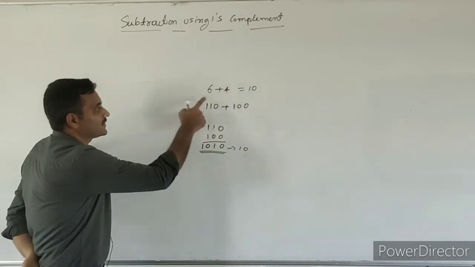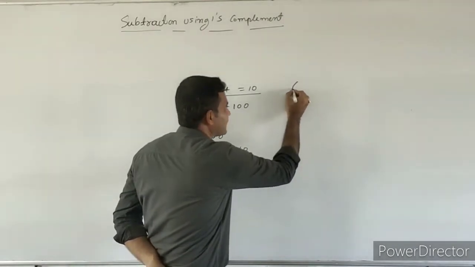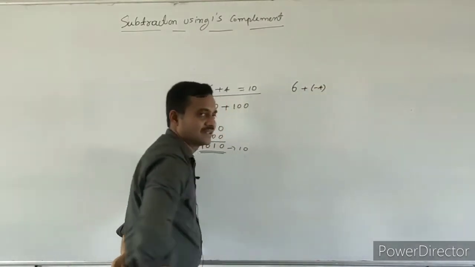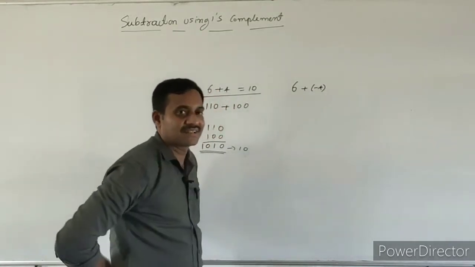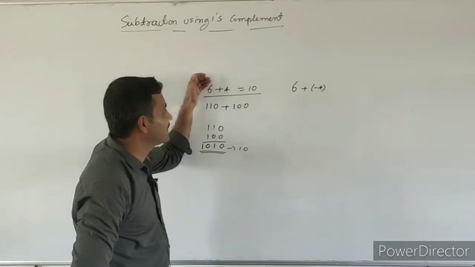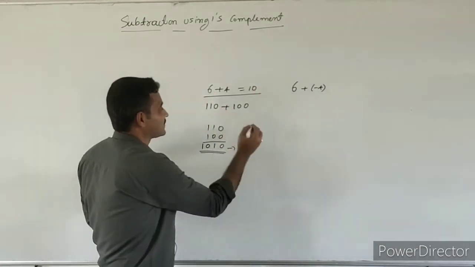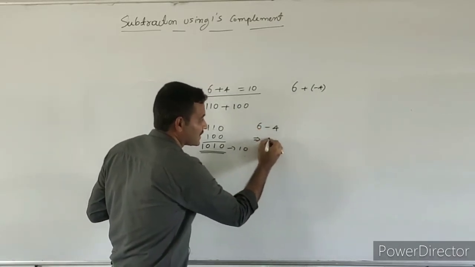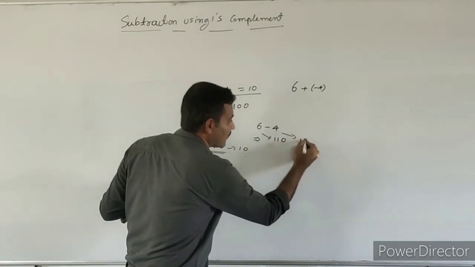That is, say if it is 6 plus 4, the computer changes 6 plus of minus 4. Then it is also the same. That is, for addition and subtraction, it uses the same process. If it is 6 minus 4, how to calculate? 6 is represented as 110, 4 is represented as 100.